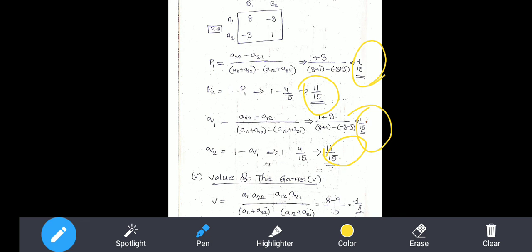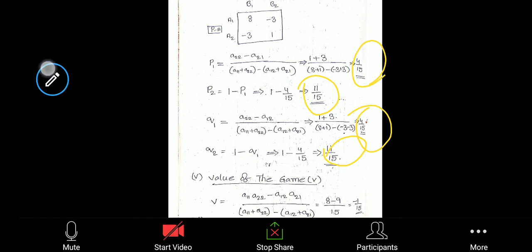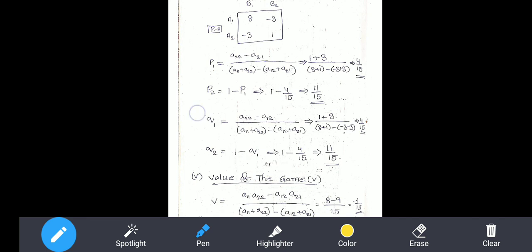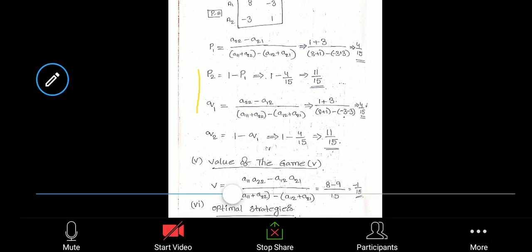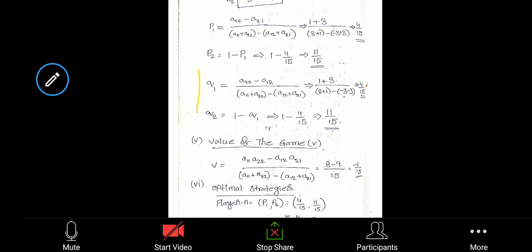Next, the value of the game is calculated by using the equation: a11 into a22 minus the product of the off-diagonal elements, divided by the sum of the diagonals and the differences between them.